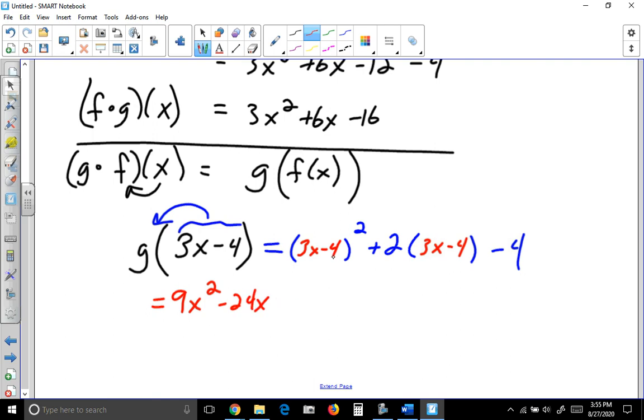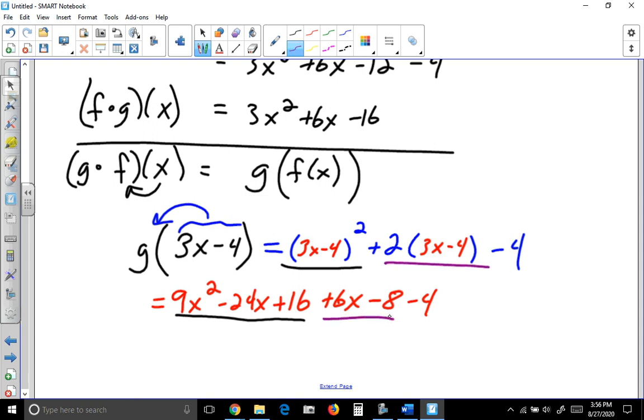And then the second one squared. Negative 4 squared is 16. Then distribute the 2. 2 times 3x. 2 times minus 4. And then bring down the minus 4. So this is where we squared. That's where we distributed. And then we brought down the negative 4.